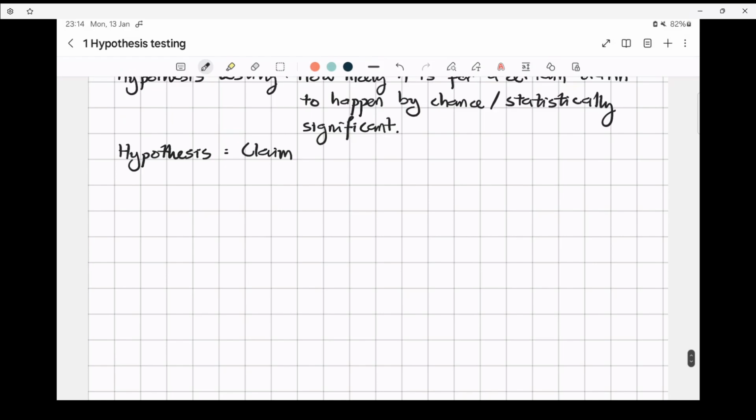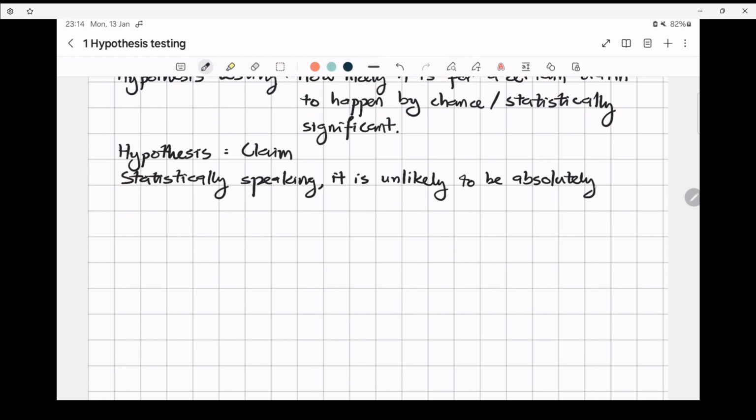In short, the hypothesis is your claim, and statistically speaking it is unlikely to be absolutely certain about the true or false of a certain claim.